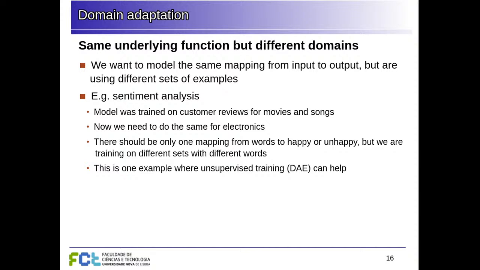So in this case, maybe we could use autoencoders to create a useful representation of the texts in general, and then train only the upper parts, the parts that follow from that, for the different domains. So in this case, we would be adapting the same kind of model and the same system to the different domains, and minimizing the amount of retraining that we would need to do to go from one domain to the other.